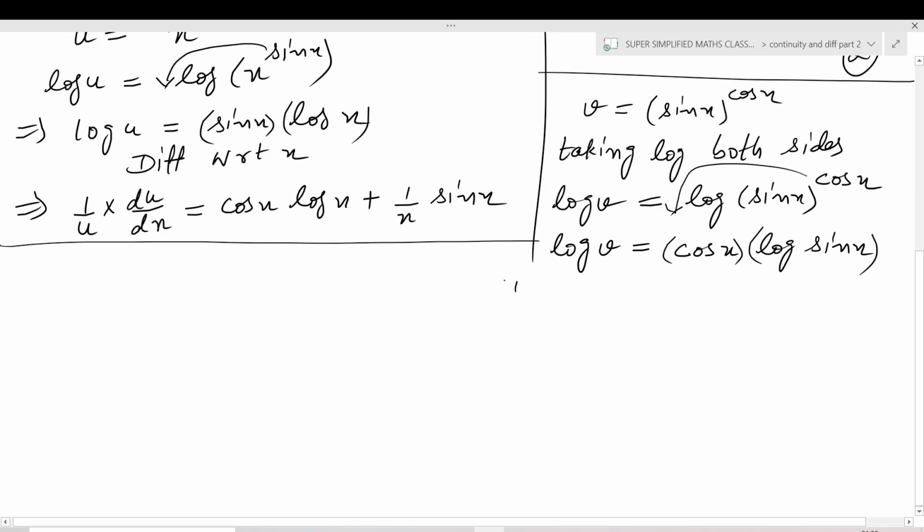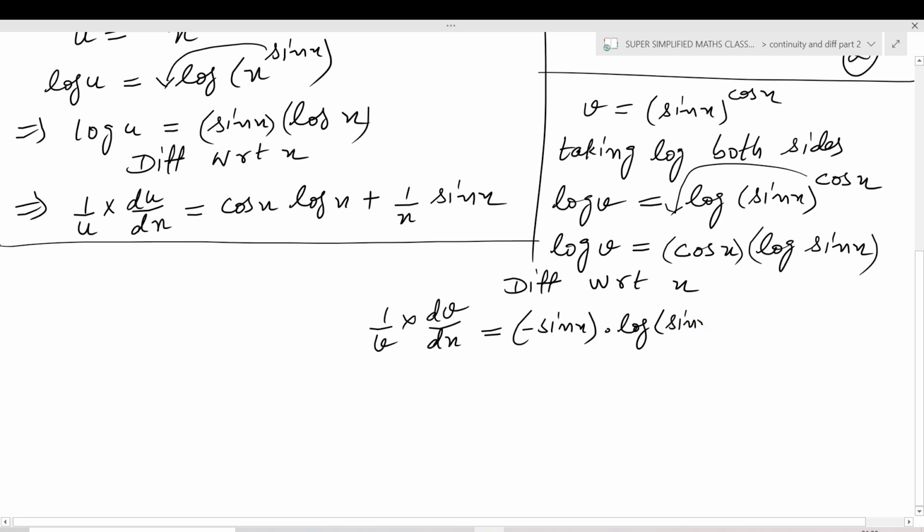So now if we differentiate both sides with respect to x, the derivative of log v will be 1 by v, but we have to differentiate this v with respect to x because ultimately we are differentiating with respect to x. So we have used the chain rule. On the right hand side we apply the product rule. The derivative of cos x will be minus sin x into log sin x, plus the derivative of log sin x will be 1 upon sin x, and the derivative of sin x is cos x, into cos x.